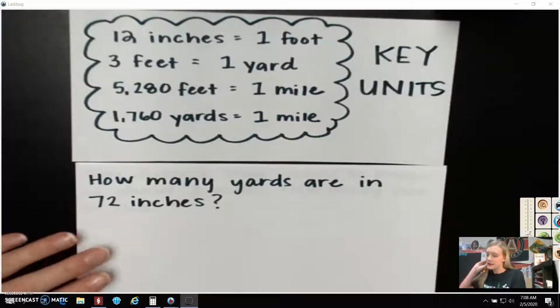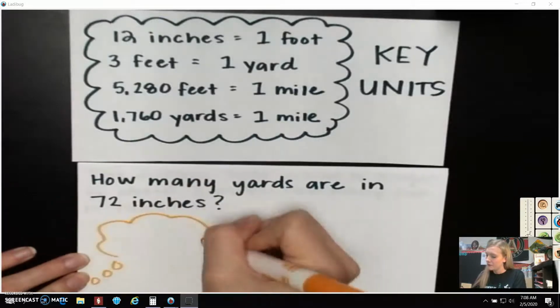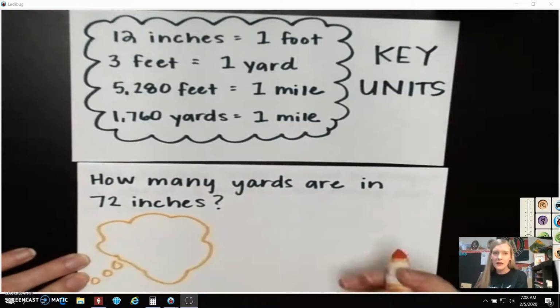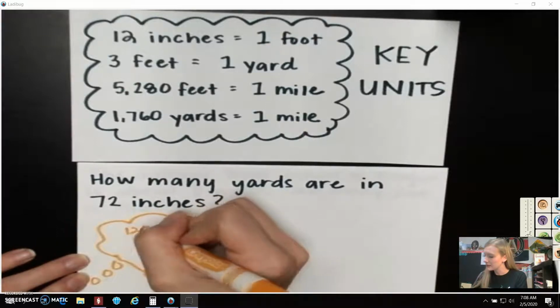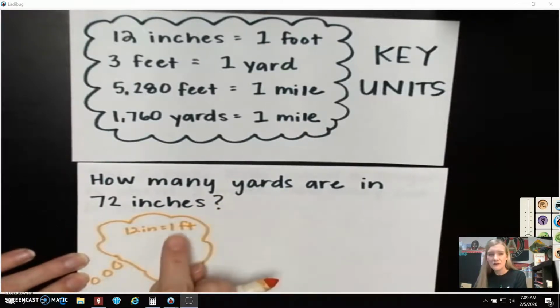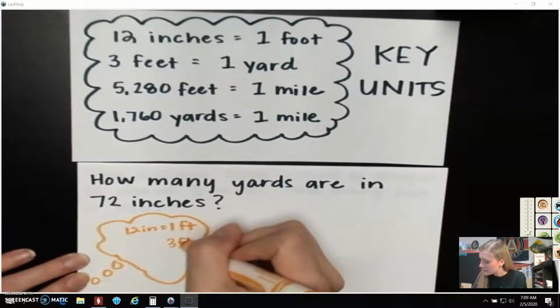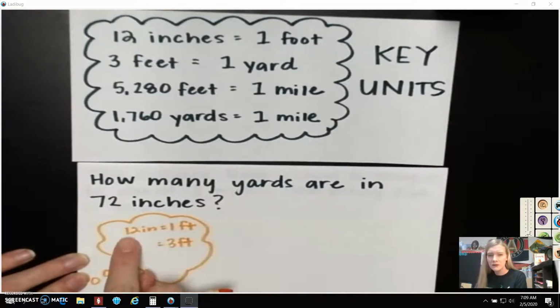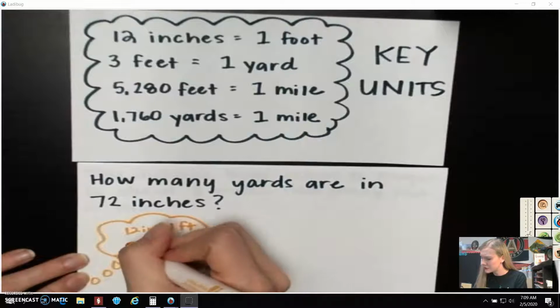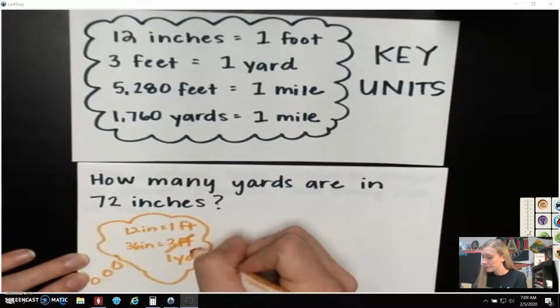So let's think about this. I know, a little thought bubble, I know that there are 12 inches in 1 foot. So if I know that a yard is 3 feet, and there are 12 in 1 foot, then 12 times 3 means that there are 36 inches in 3 feet, which is the same as 1 yard.